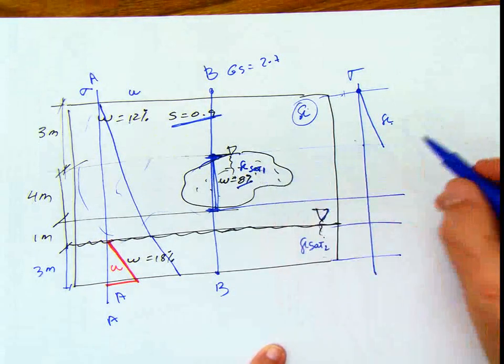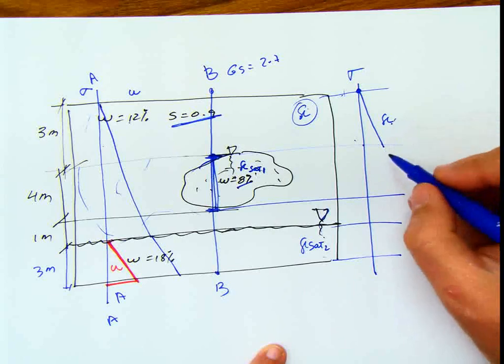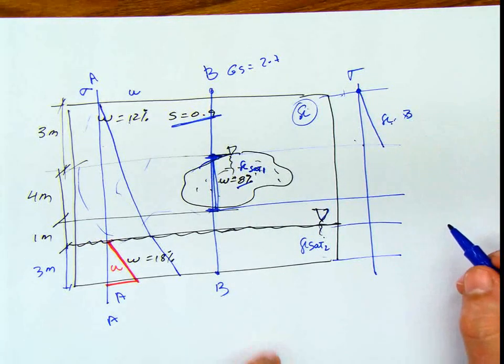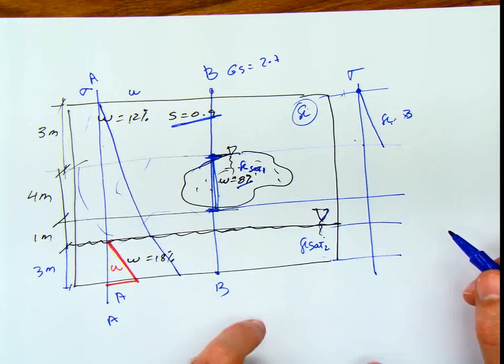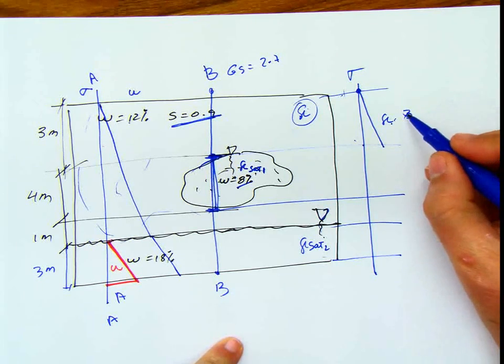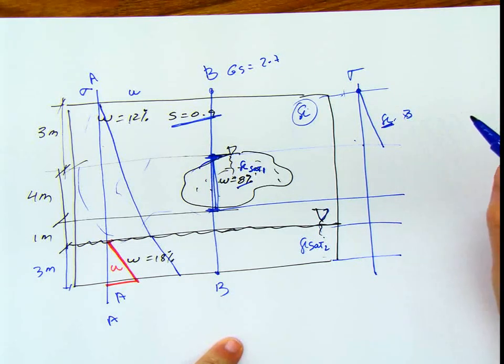So this part is going to apply this weight plus the 3 meters times the moist gamma.